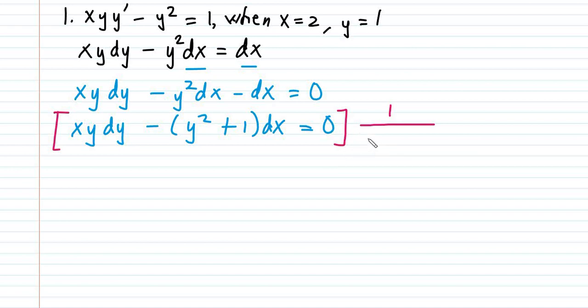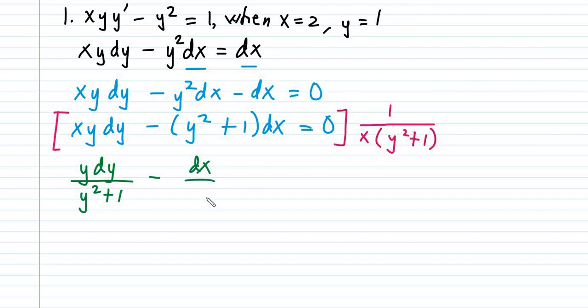Here, what we are going to multiply is 1 over x times y squared plus 1. Multiplying that, the first term will be simplified to y dy over y squared plus 1, and the second term will be dx over x is equal to 0.